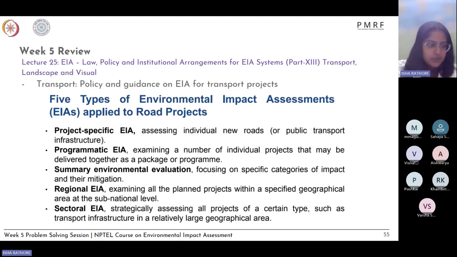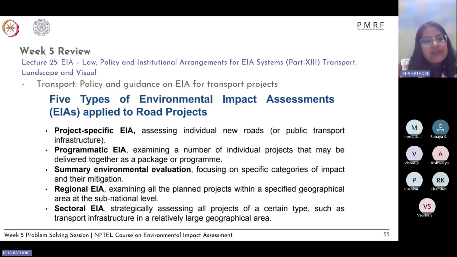So for that particular project, you do an EIA. Second is programmatic EIA. This examines a number of individual projects that may be delivered together as a package or program. So if it's a larger metro development project, you will have different metro lines coming up. This is a kind of programmatic EIA, where you have individual projects, but they are all clubbed together and delivered as a single unit.